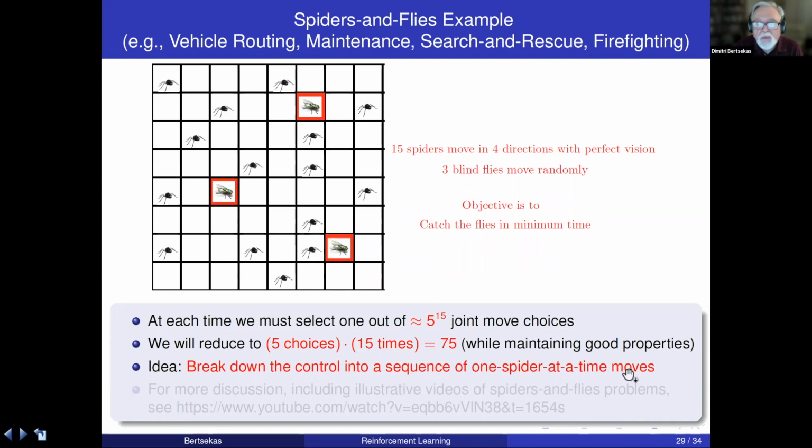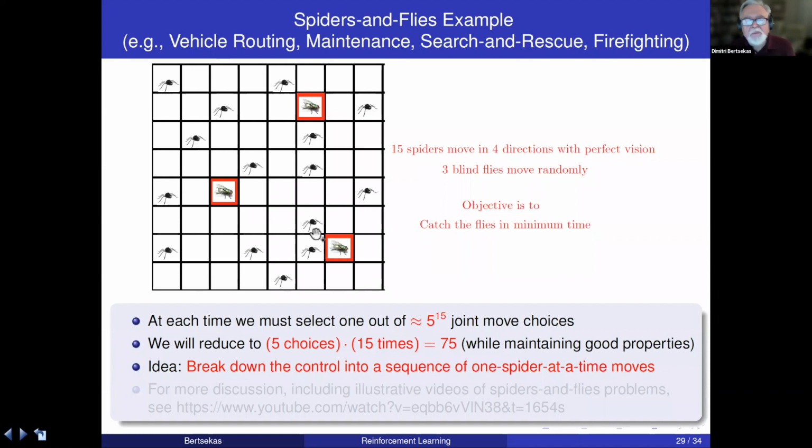So in this reformulation, instead of all the spiders choosing a move collectively, they choose moves in sequence. Let's say first this spider here makes a move, then another spider makes a move, having seen the move of the first spider. Then a third spider may choose a move, having seen the moves of the preceding 2 spiders.